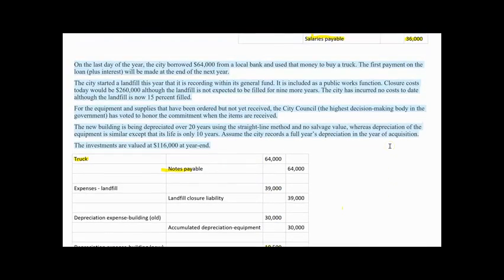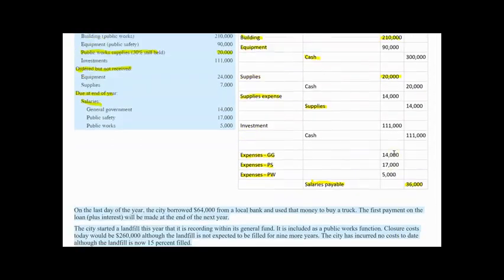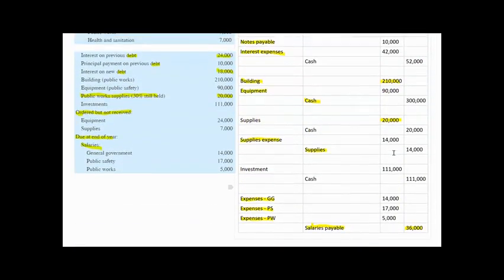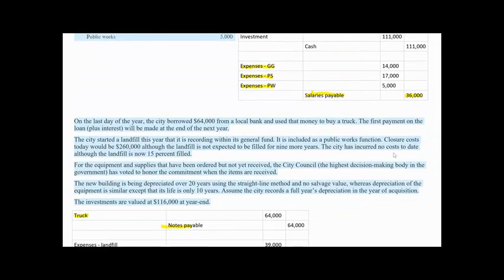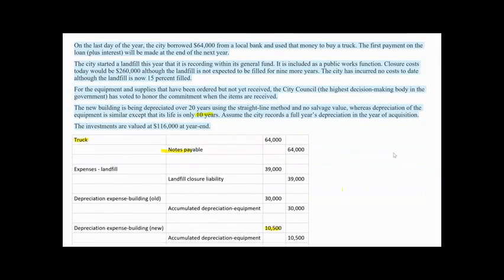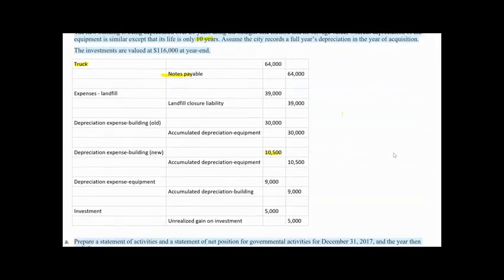The historical cost of the equipment is 90,000, and we're going to depreciate that 90,000 over 10 years. So each year the depreciation expense would be 9,000. Okay, so those are some corrections related to the depreciation expense.